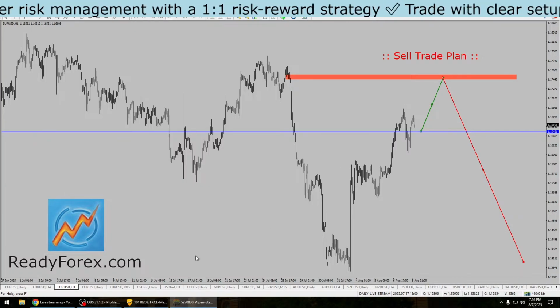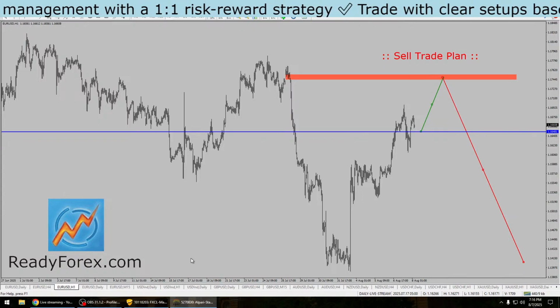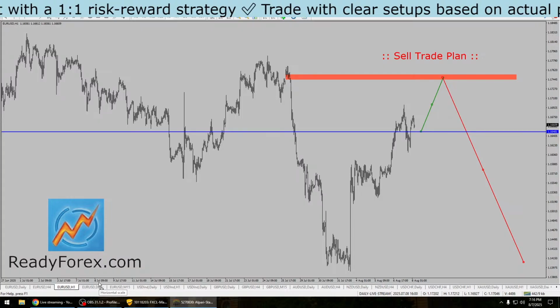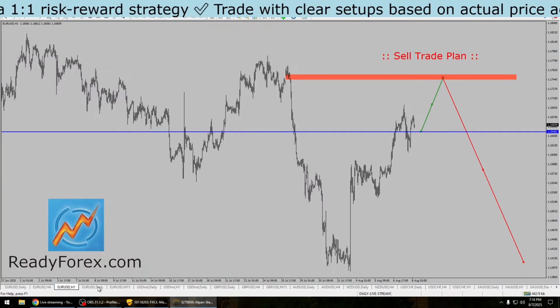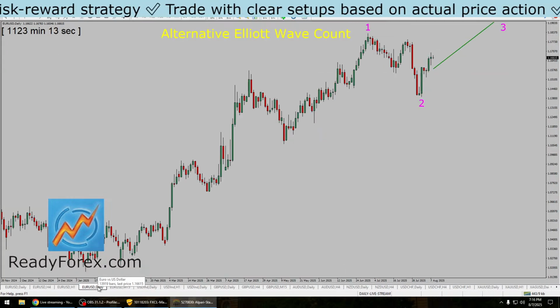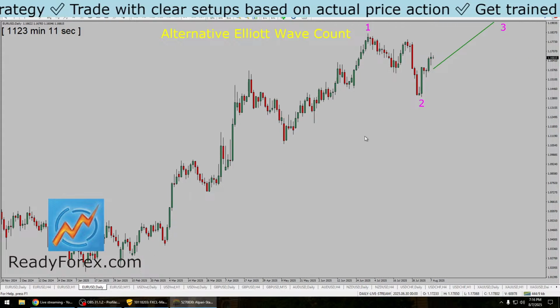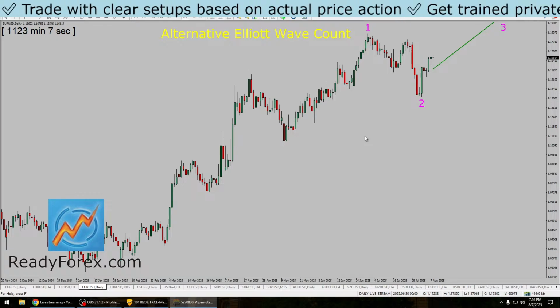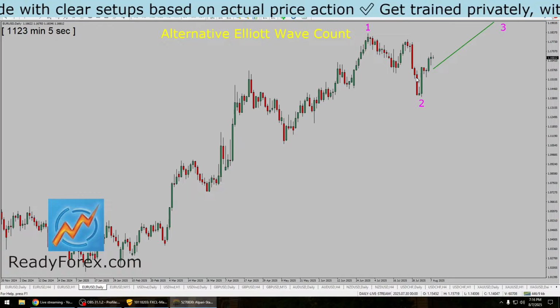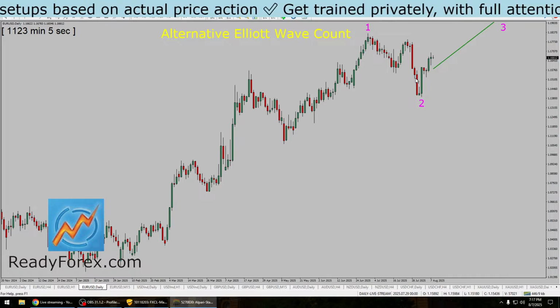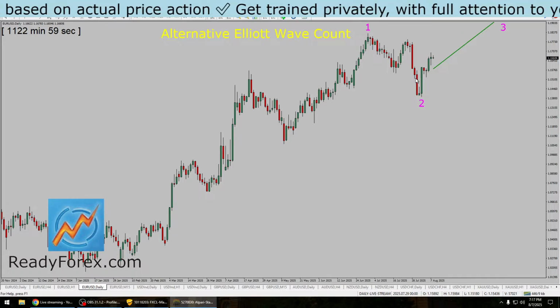Next, let us look at the euro dollar currency pair daily time frame, and I'm going to show the alternative count. This is the count in the euro dollar currency pair, which suggests that price is going to rise up more. It's not going to stop at this point in time. Expect more upside.